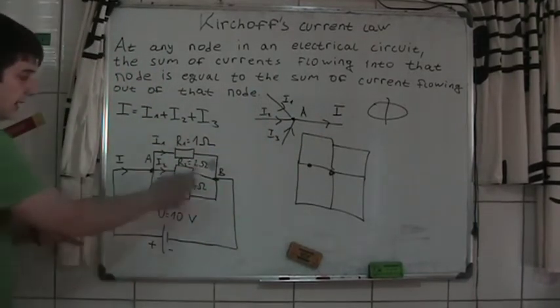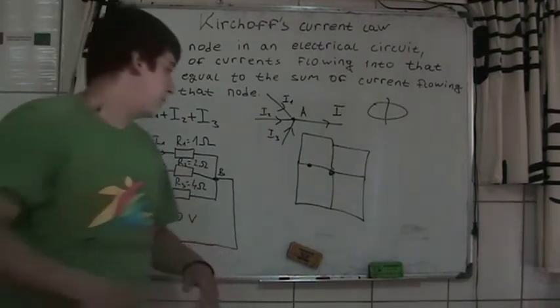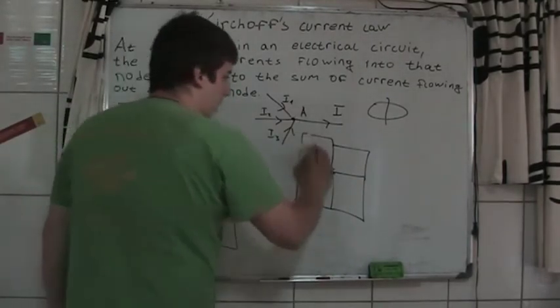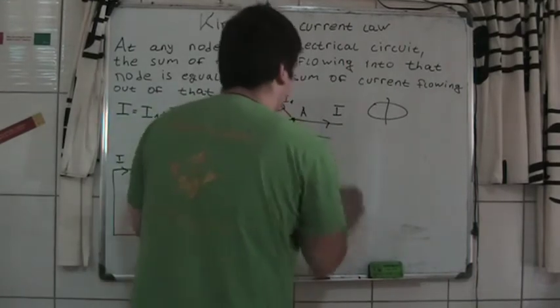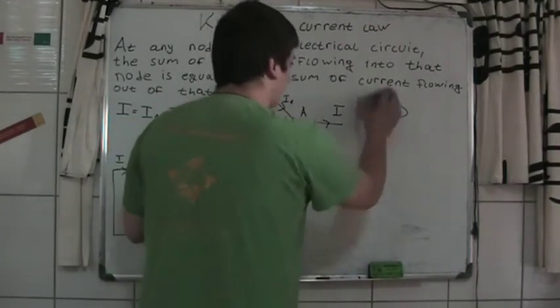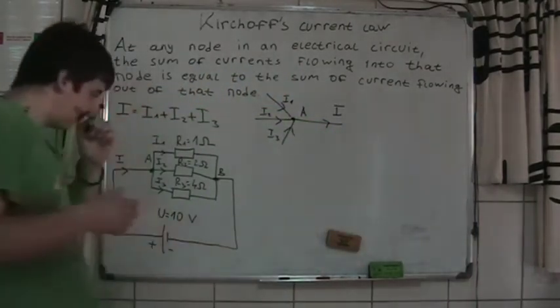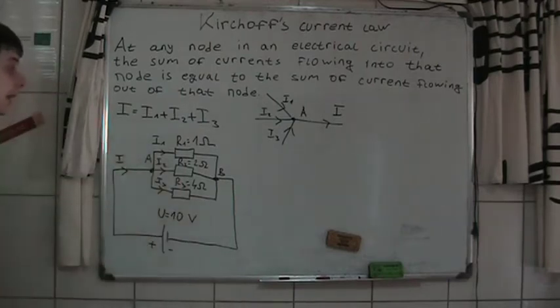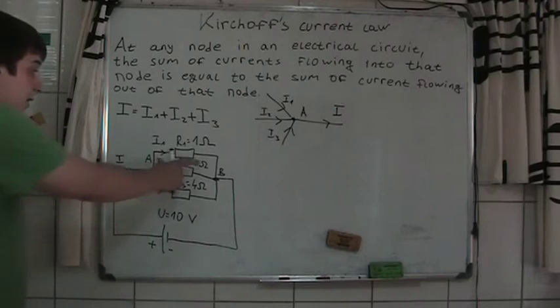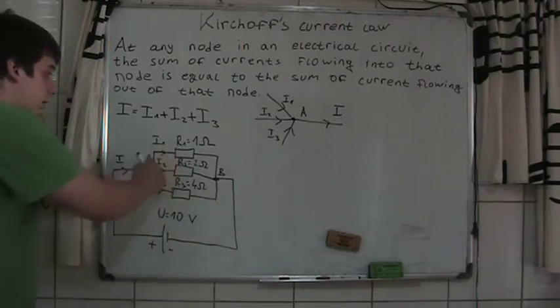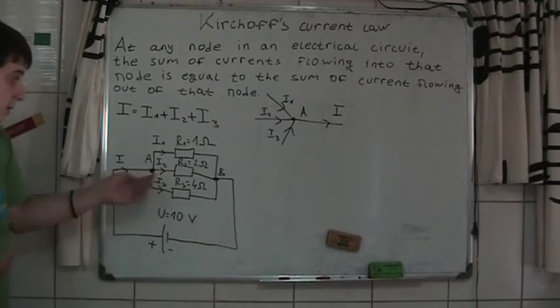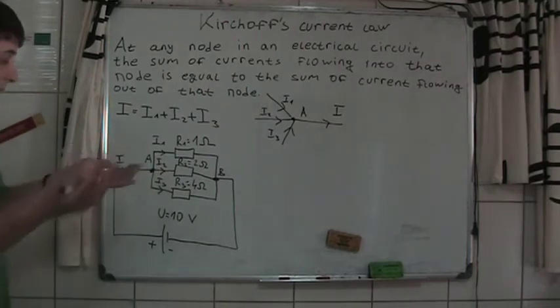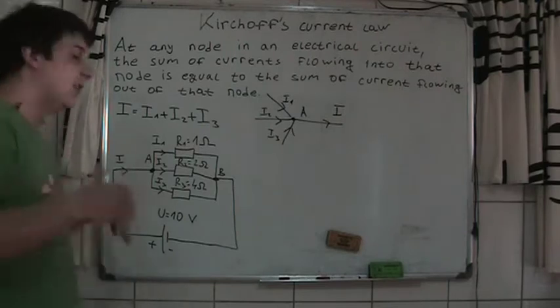So here we have an example of calculating currents with Kirchhoff's rule. Okay, so here you have a circuit, and let's start doing this example. Here you have a node A. So you have here one circuit, 2, 3, and now you will have four different currents.